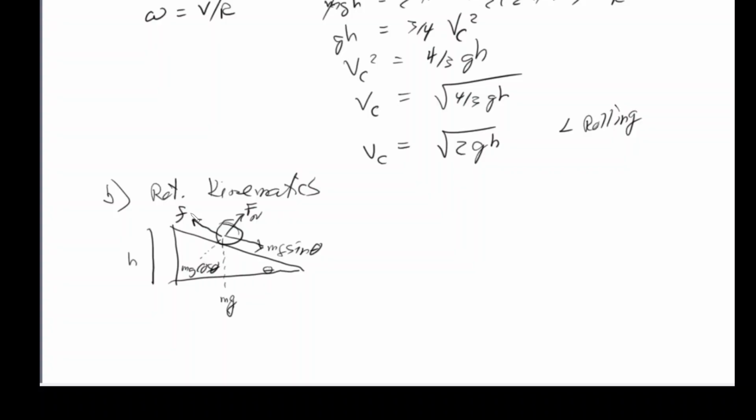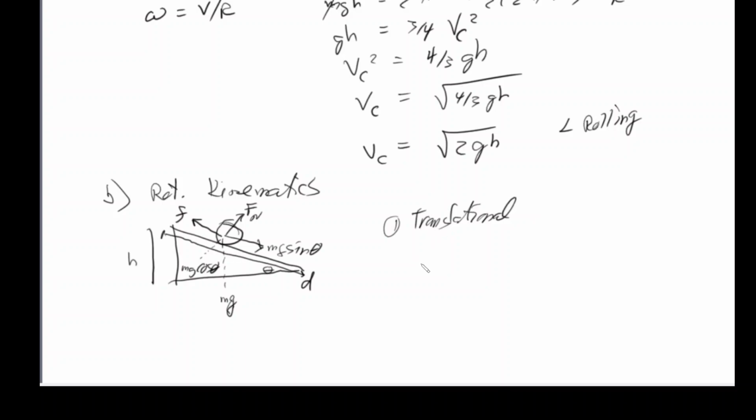And one more thing, the distance that this travels from the top to the bottom, we'll call that d. Okay, so first we have the translational motion. And we use the kinematics for that.